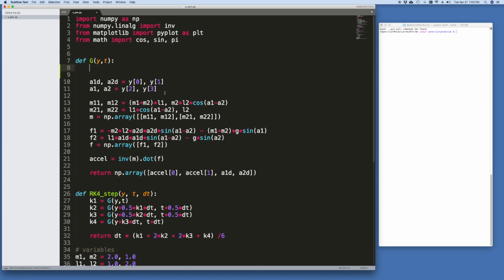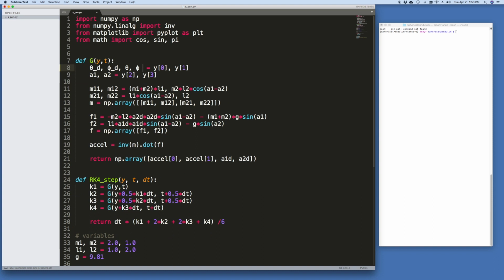The first thing we need to do is pick off the velocities and the positions, the angles, from the state vector. So I'm going to call that theta dot, phi dot, let me get this right, and then theta and then phi, and that is equal to what we had before.